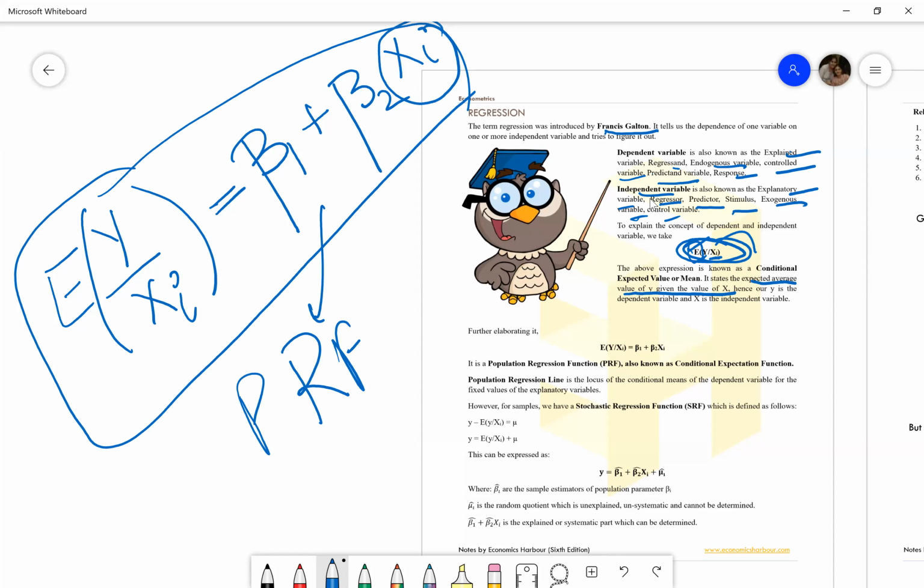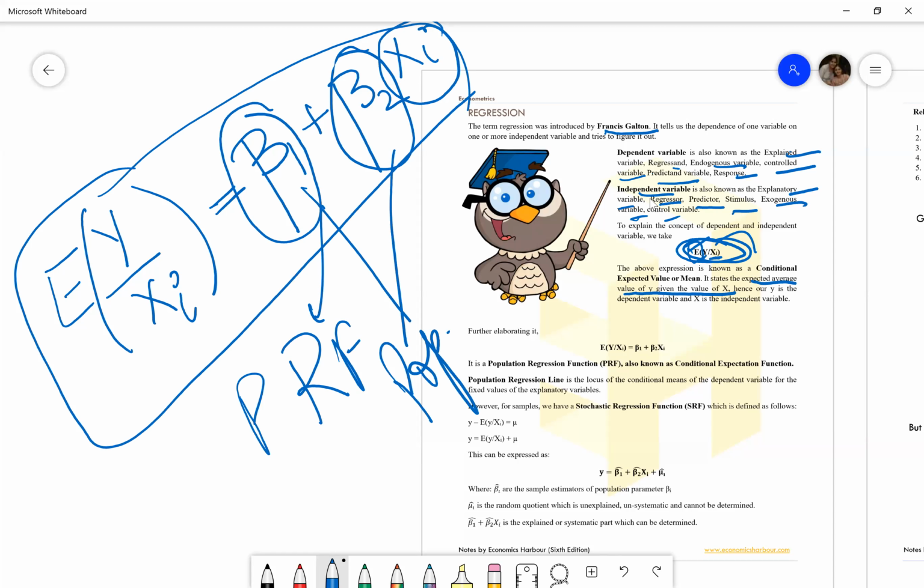And these beta 1 and beta 2, these coefficients are your parameters, parametric coefficients. They are your population parameters because they are determined from the population itself. We have done the difference between your population and your sample. Population is the one in which we are including all the possible elements. So these beta 1 and beta 2 are called your population parameters.